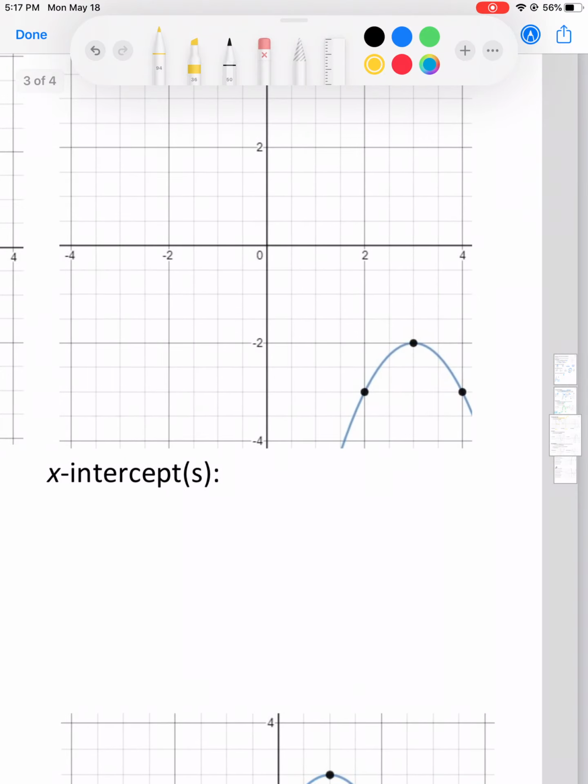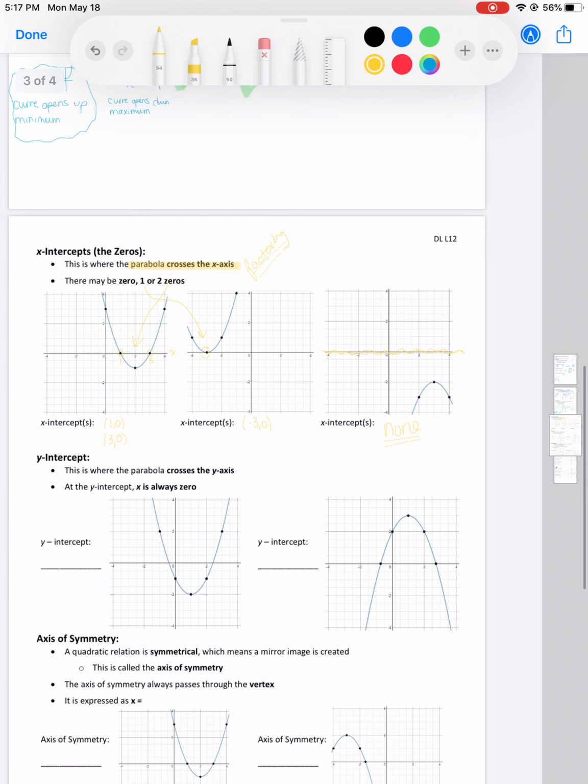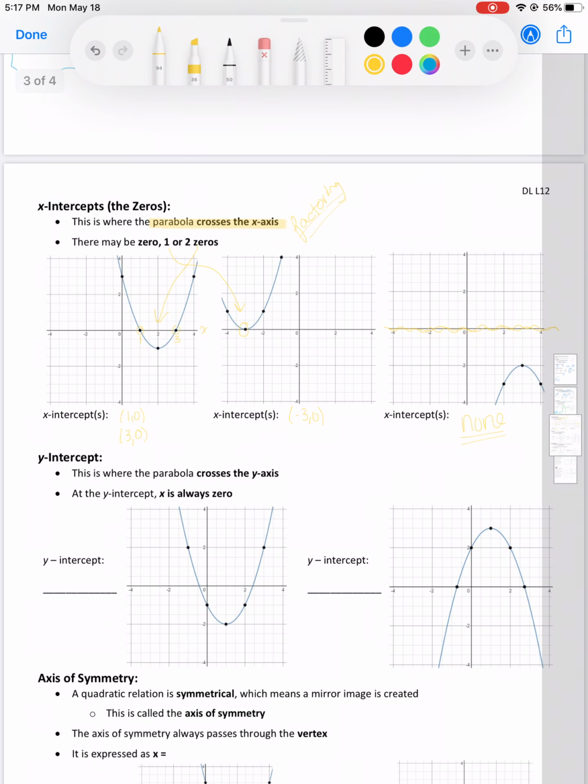It doesn't have any. There's none. Because if you can see, here's our x-axis, and the parabola doesn't even cross it. And that's okay. That's going to happen. So that's what our x-intercept does. How do we find our x-intercepts? We factor it.